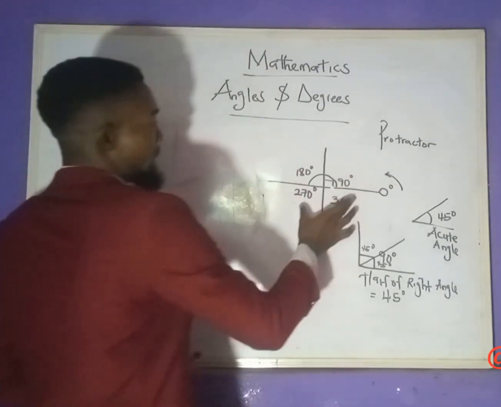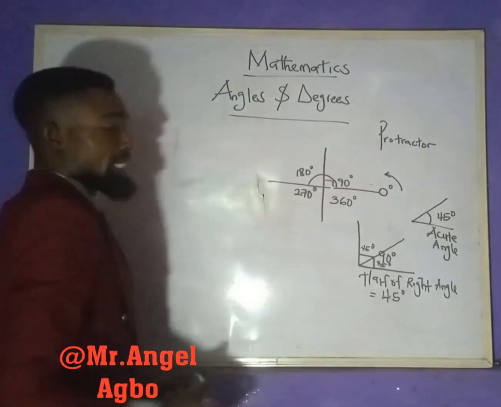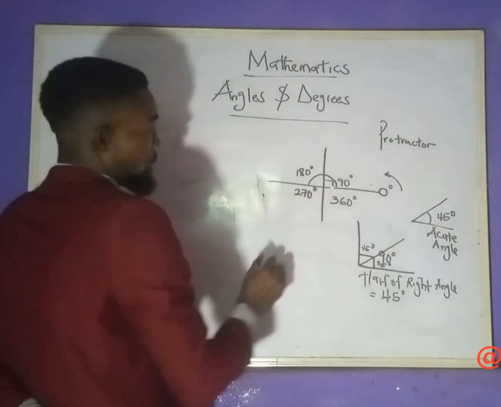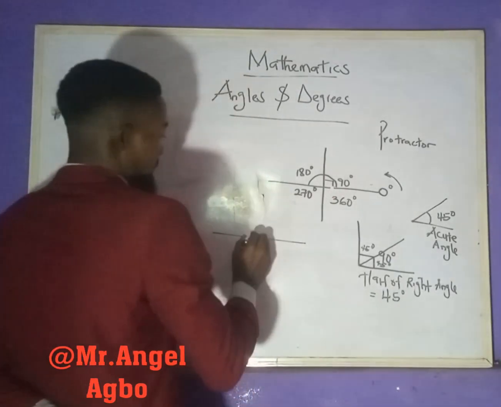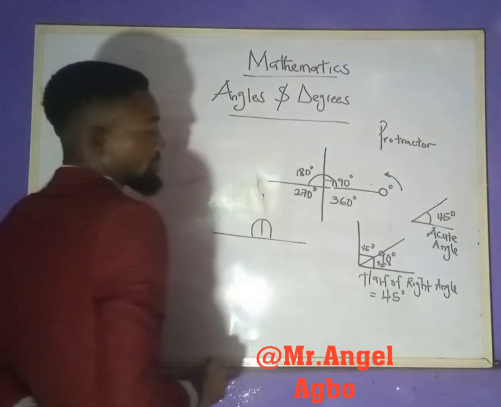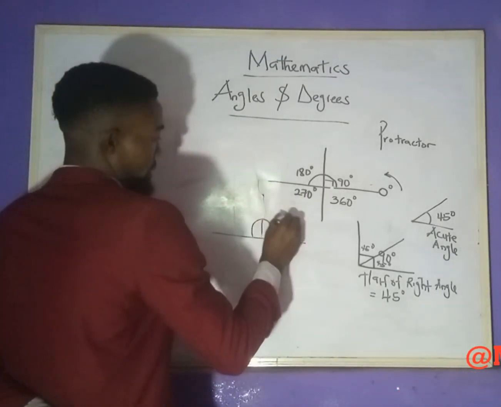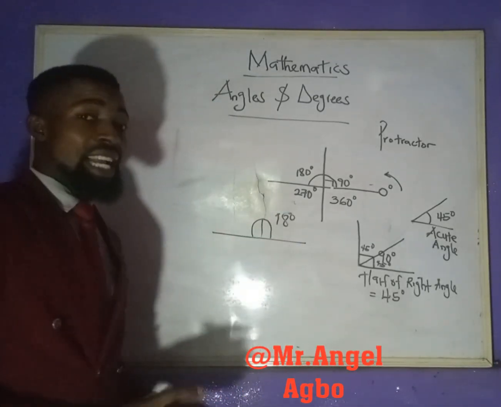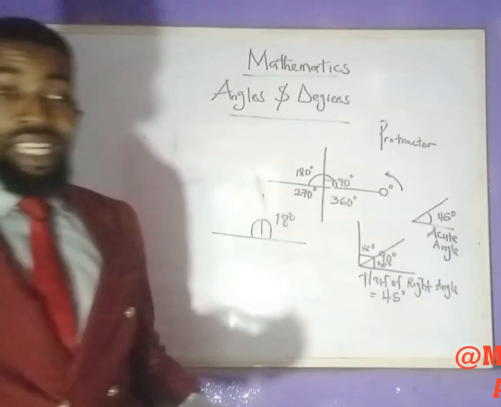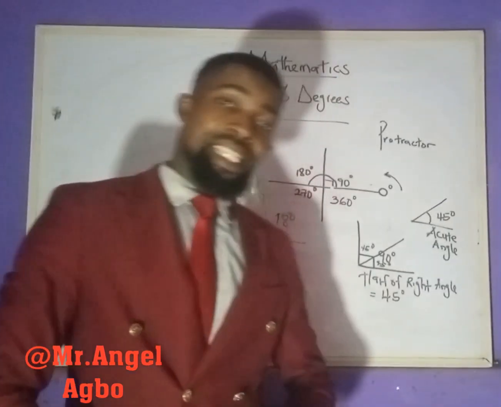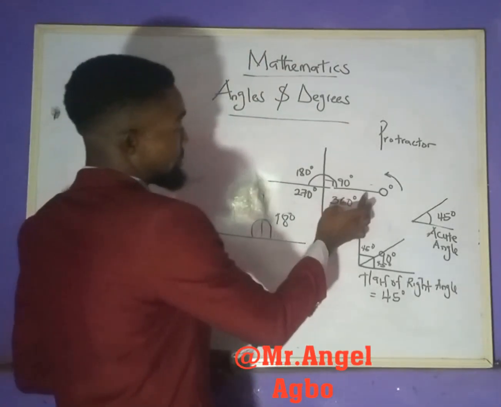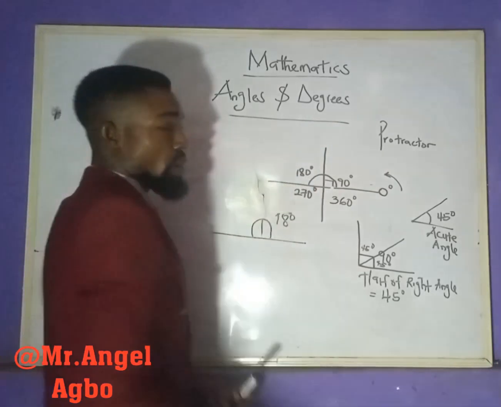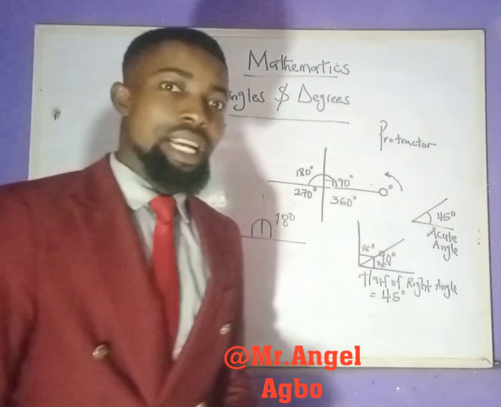Now moving from there, you move toward the straight line. When you have one straight line joining another one, or just a straight line, it's going to give you what? 180 degree. That is to say that a straight line, 180 degree, is a combination of two right angles. As you are moving, you are also going higher to another cardinal point, another level.